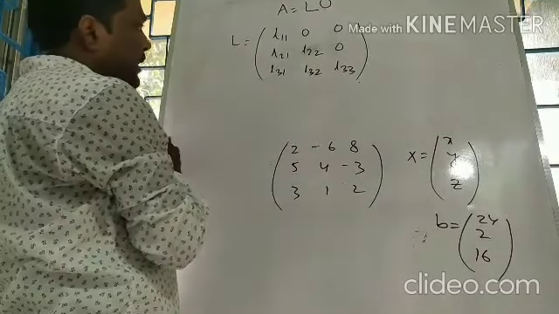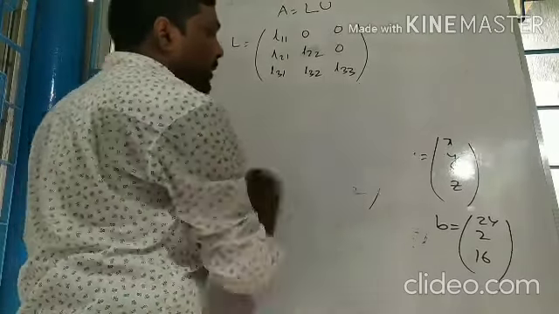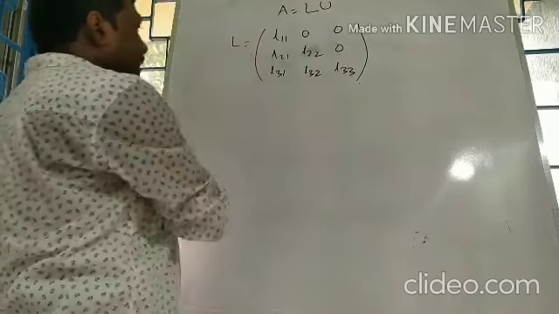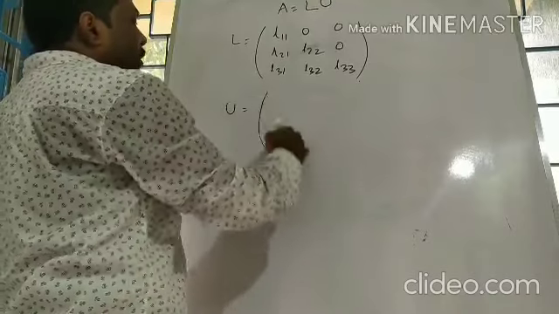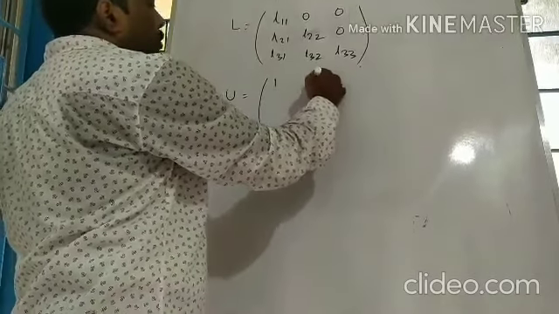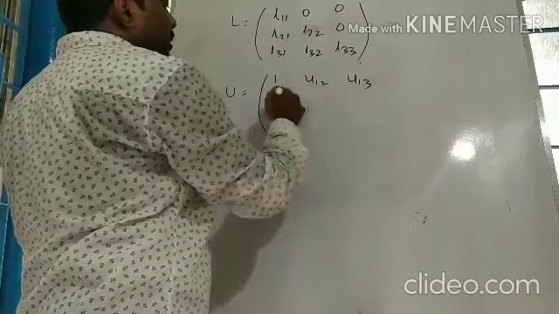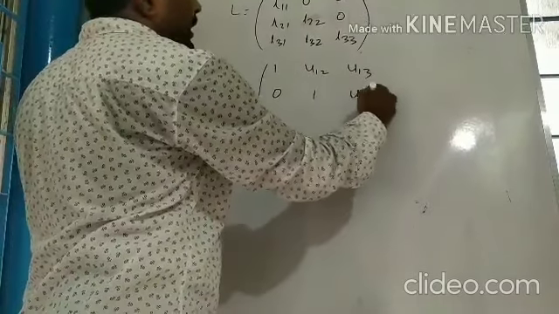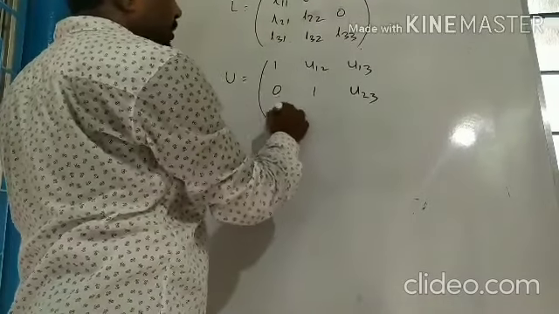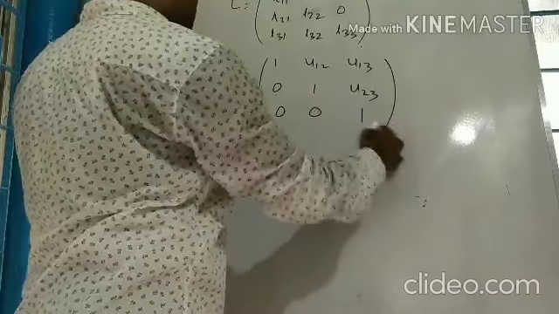This is the matrix L. And the matrix U is [1 U12 U13; 0 1 U23; 0 0 1]. This is the matrix U.